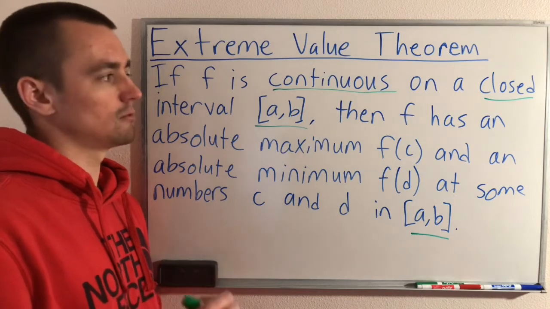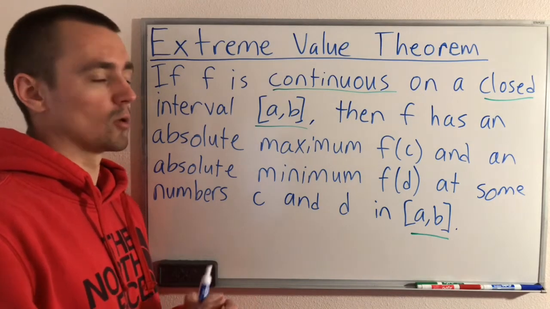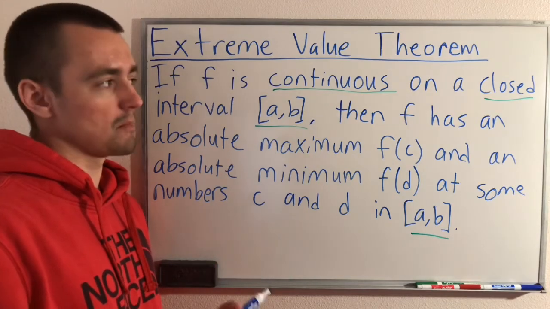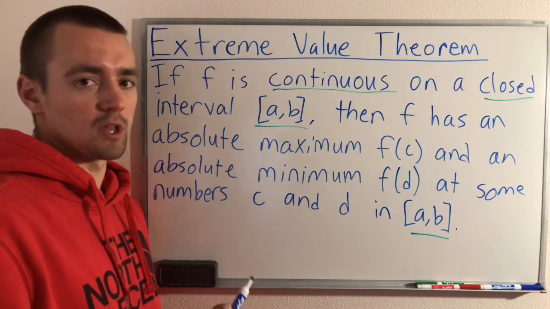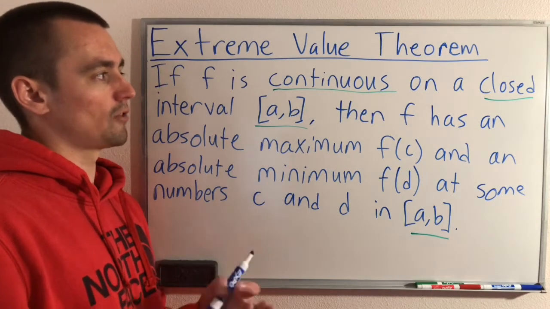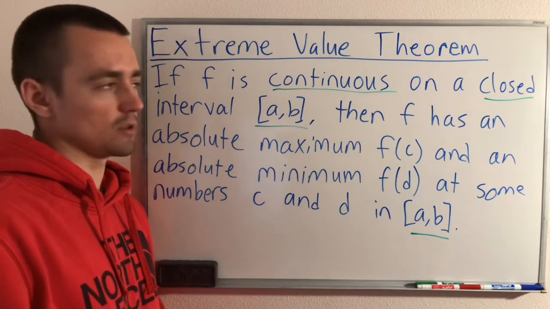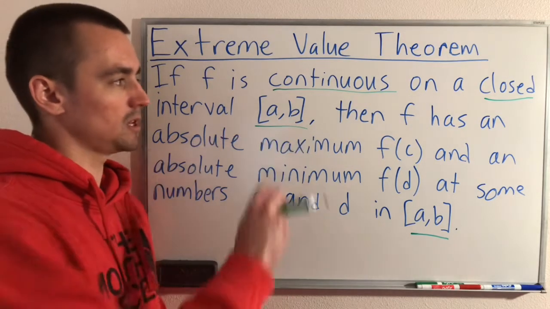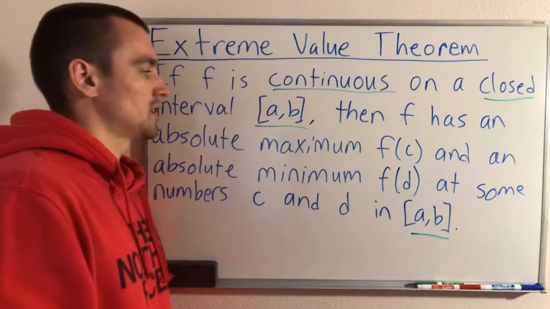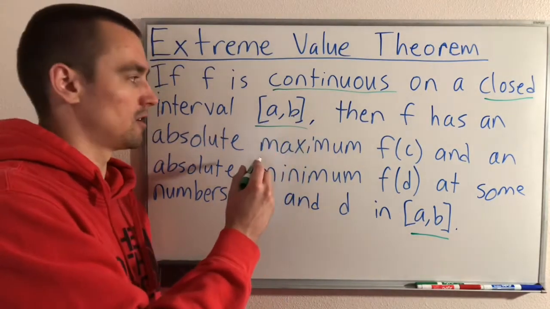This doesn't really tell us anything about a function that's not continuous, or about looking for an absolute maximum or minimum on some interval that is not a closed interval. For a function to be continuous, that essentially just means there are no holes or jumps within that domain of a to b. And for it to be a closed interval, that basically means that the endpoints are included in our interval.